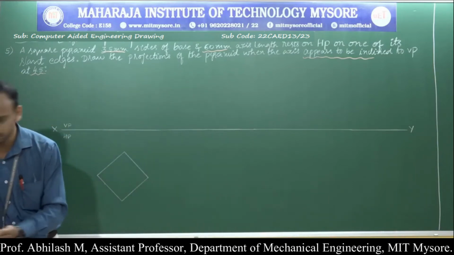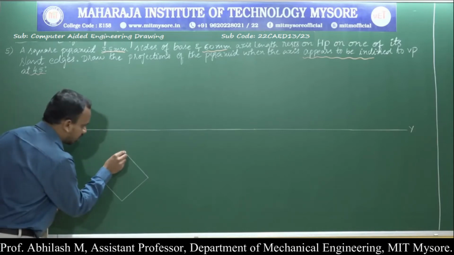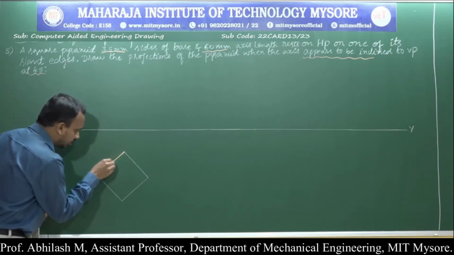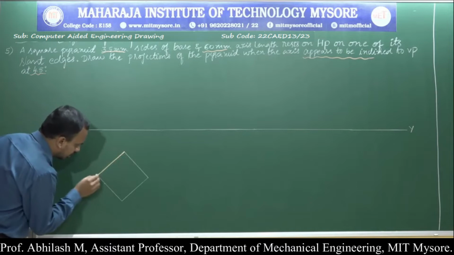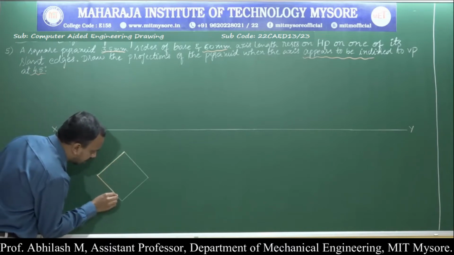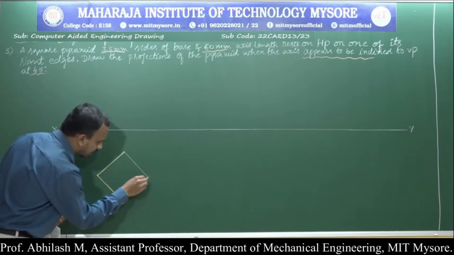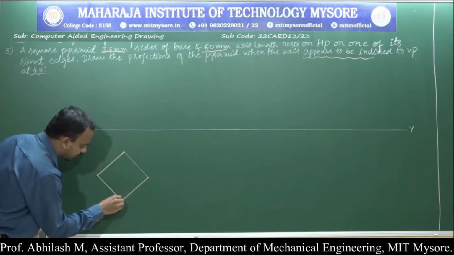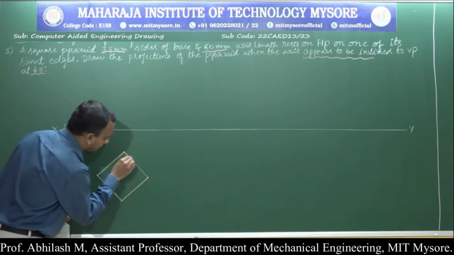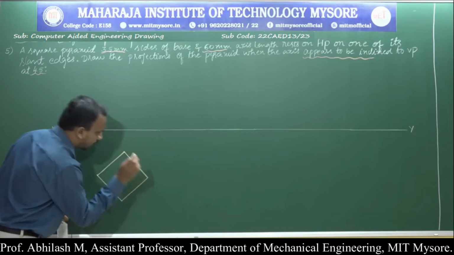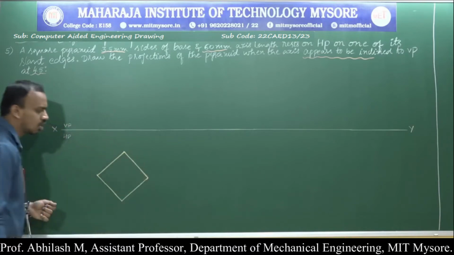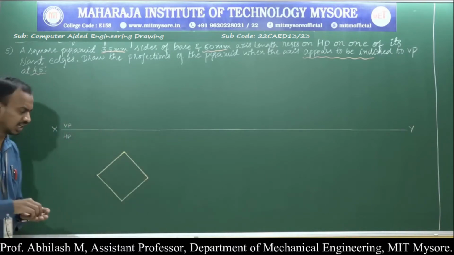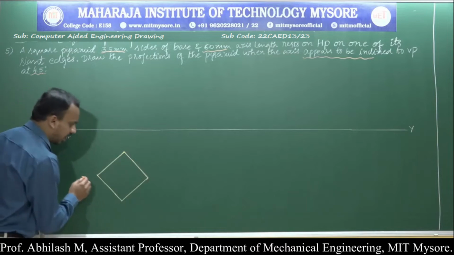So what you can do is, just after drawing the condition, make the line completely visible. Draw the thick line basically. And name the corners. In order to name, be very careful.